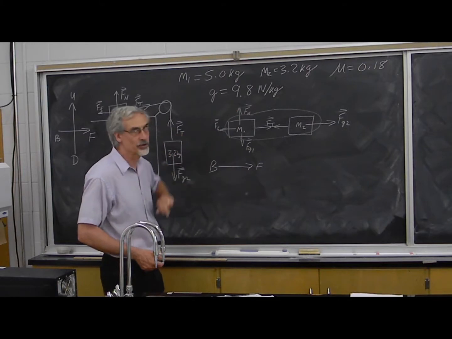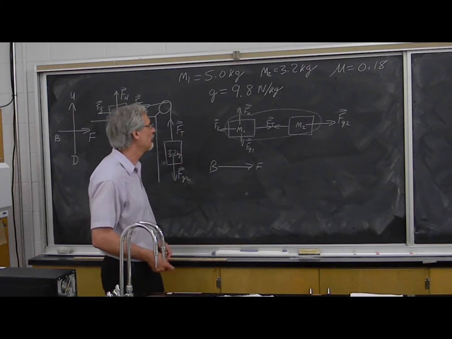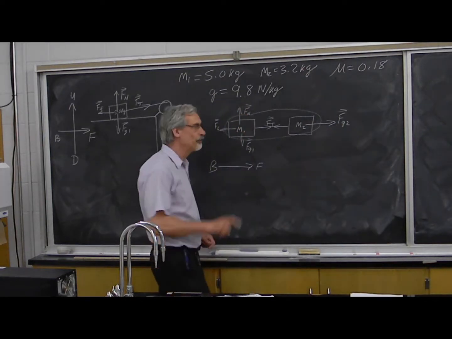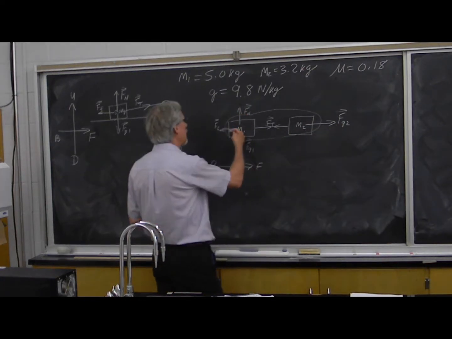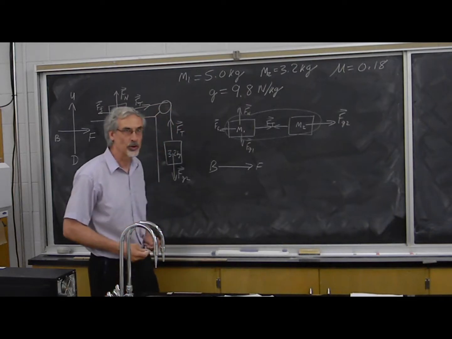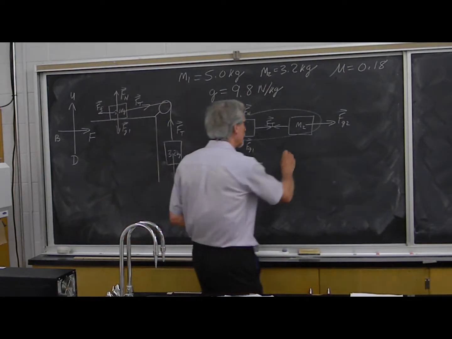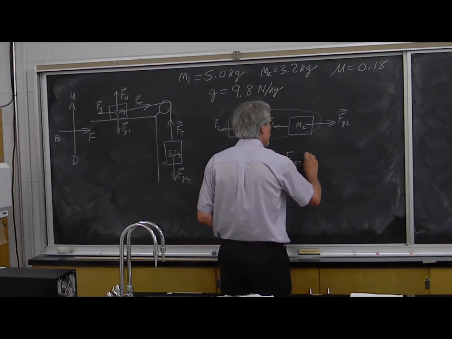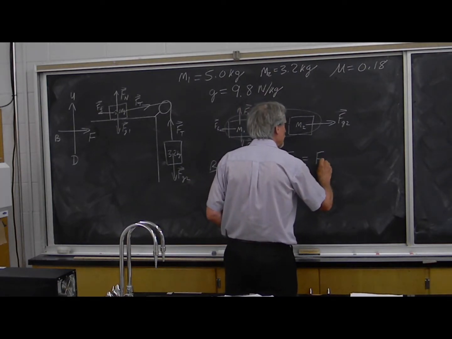These two forces are balanced, so what remains is that we have the Fg2 pulling forwards and the frictional force pulling backwards.